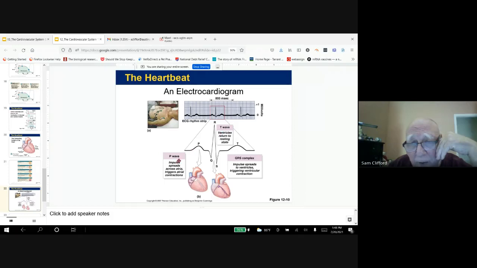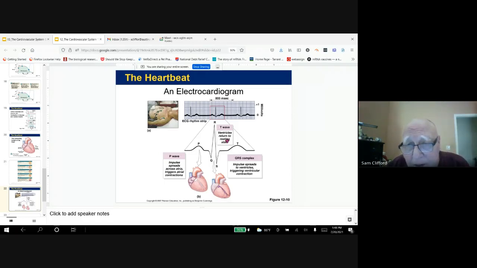So make sure you know the parts of the EKG, P wave, ventricles contract after the QRS wave, and you have ventricular contraction and relaxation.